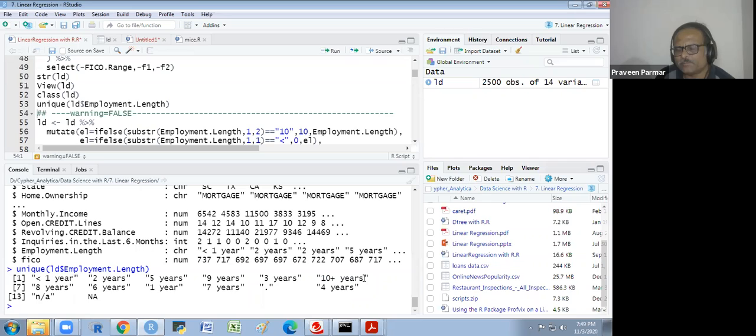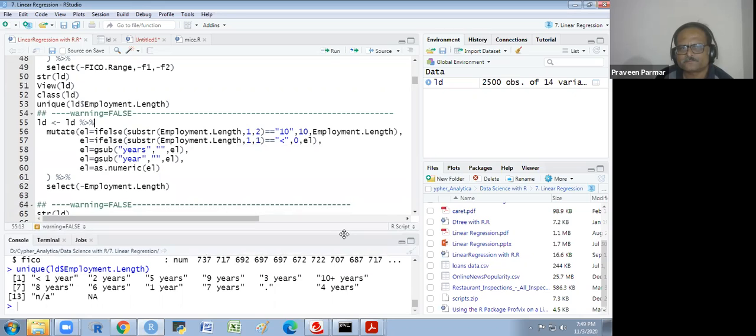So for the 10 plus years, I will use the substring function, and I will just put 1 and 2 places if something is 10. You see here it is only 10. So in any category, if in the first 2 places there is 1 and 0, then it becomes 10. And what I am using here, I explain to you. I mutate it, giving a new variable name EL for employment length.